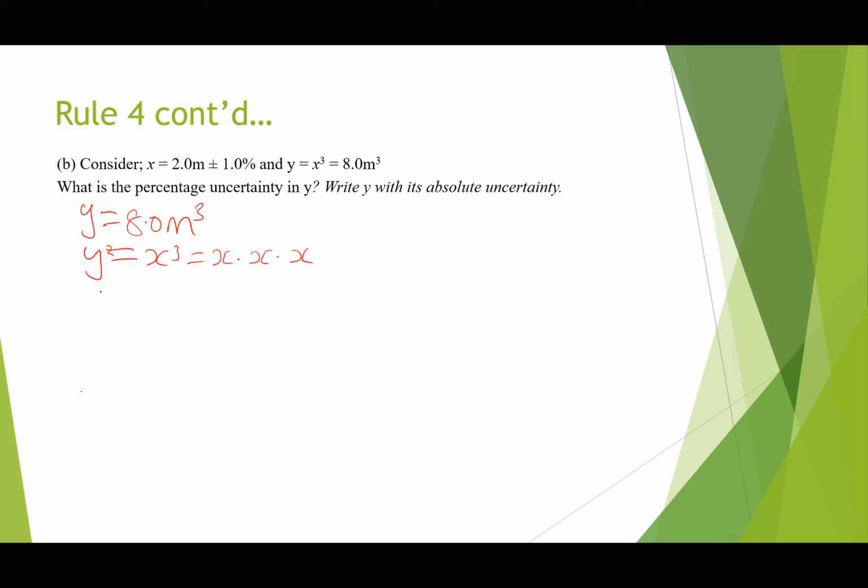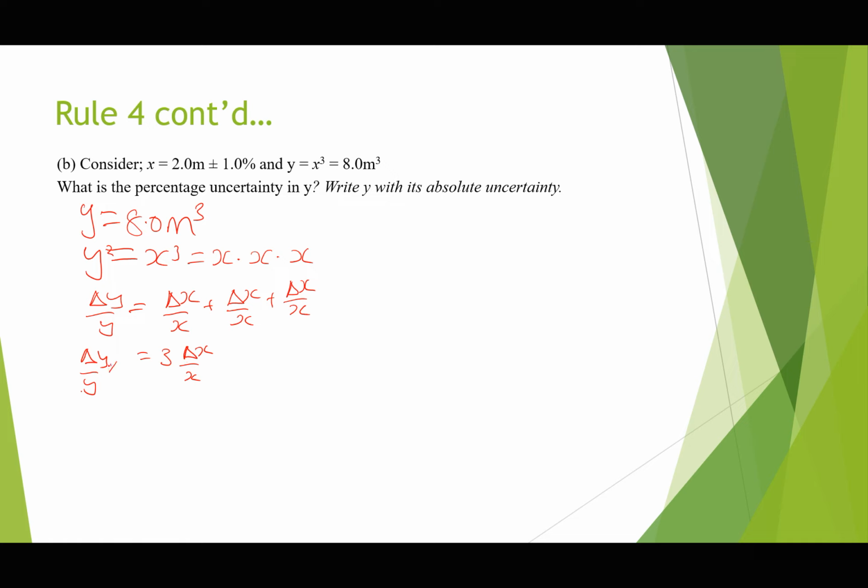So it means the absolute uncertainty in y divided by y would be equal to the absolute in x divided by x plus the absolute in x divided by x plus the absolute in x divided by x, which is equivalent to having 3 times the absolute in x over x.